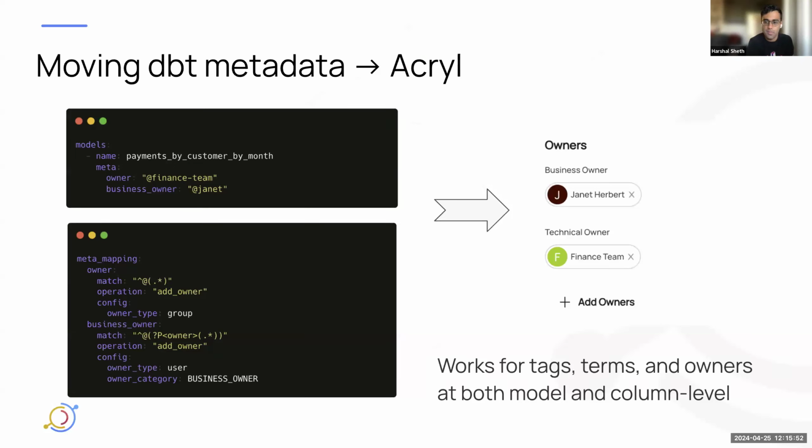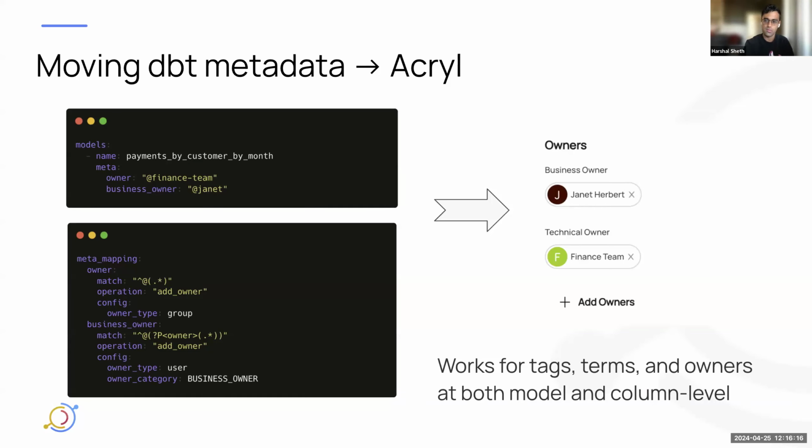So maybe a little background first on why we're thinking about this bidirectional sync. We already have a mechanism for moving DBT metadata into DataHub or into Acral. The way it works is in your DBT model, in those YAML files, you can define a meta section or tags or descriptions, and we will pull that information out.